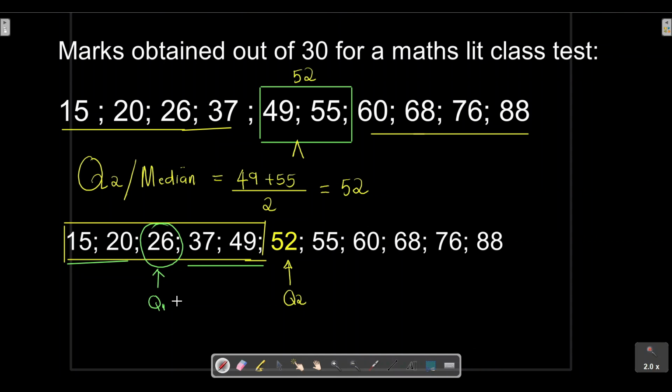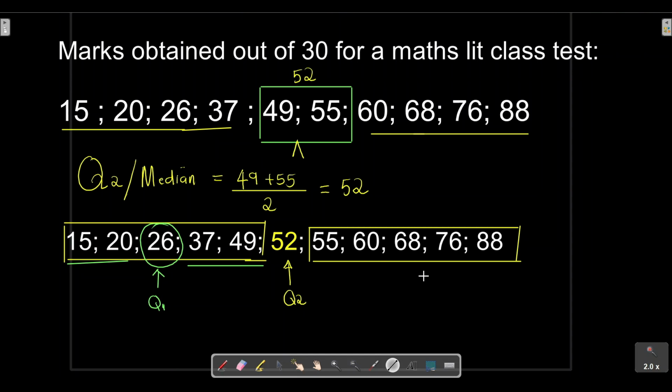Then let's have a look at how we are going to find our Q3. Same thing here. I'm going to highlight the values that are on the right of our Q2, and these values are what we're going to focus on to help us determine our Q3. You can already immediately see what our Q3 is.